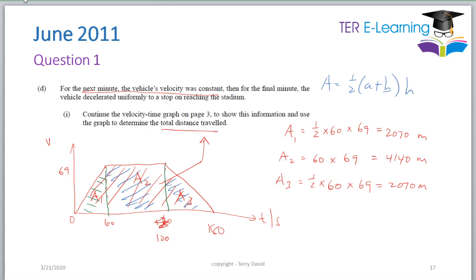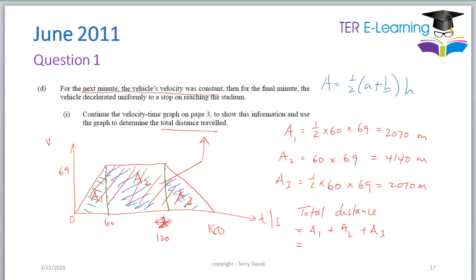So therefore my total distance travel is equal to A1 plus A2 plus A3, which is, we're going to add up all of them. I'm not going to write it over. So that is 4140 plus 2070 plus 2070.